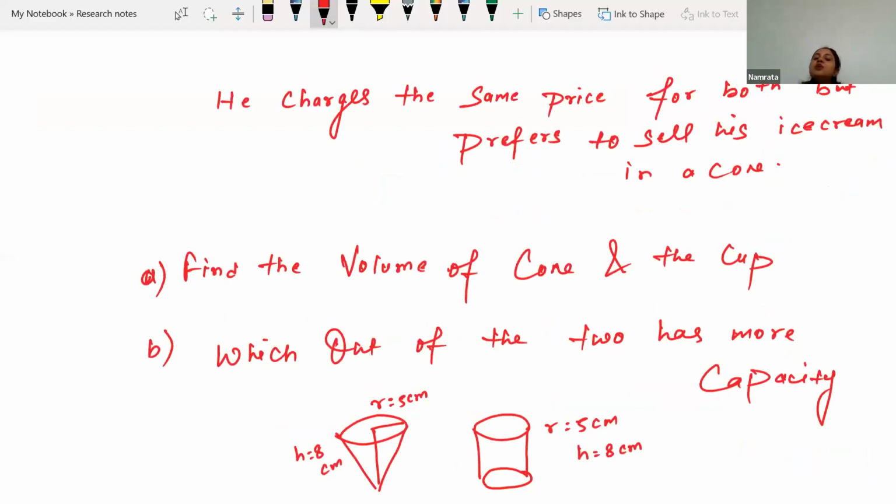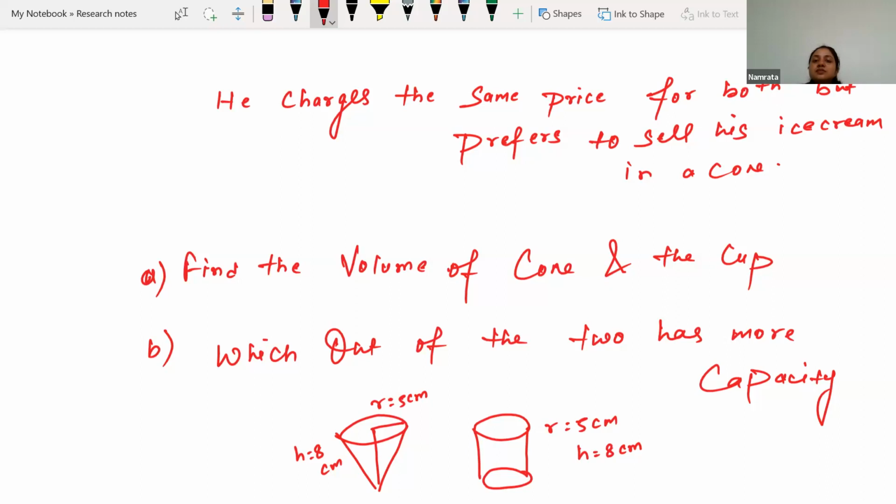Will you be able to take out the volume of the cone and the cup separately? Is it possible? Yes, ma'am.